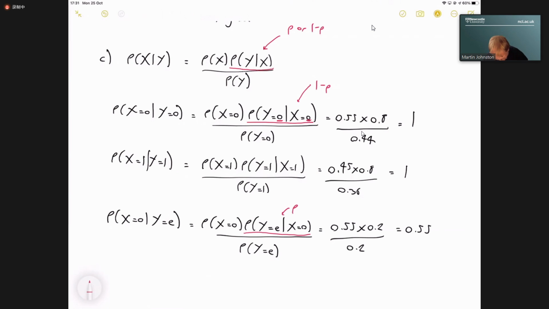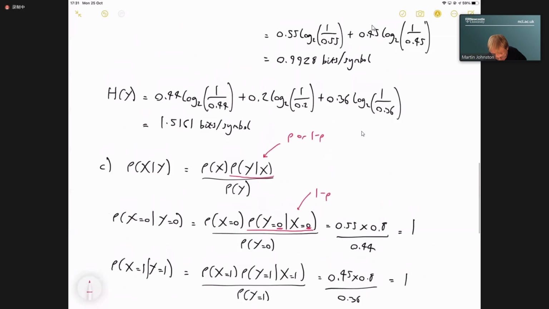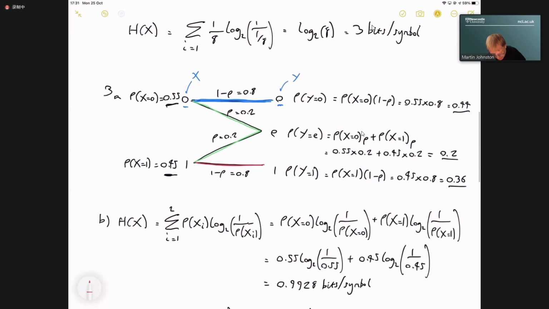And the probability y equals erasure given x equals 0 is the same as just the probability y equals e. Because it doesn't matter which bit you transmit, to get a bit erased, the probability is 0.2, regardless of whether you transmitted 0 or 1.